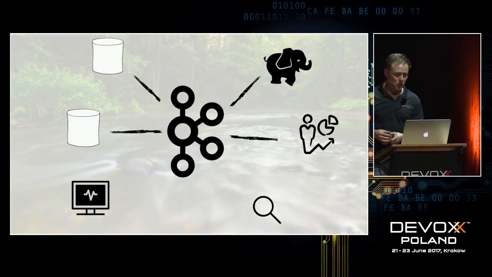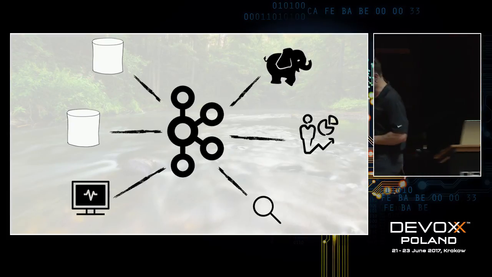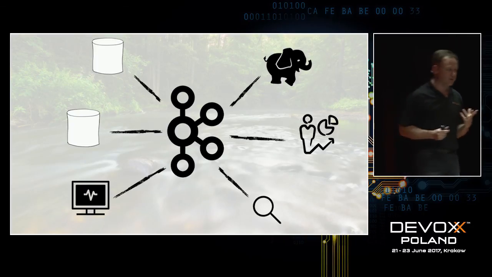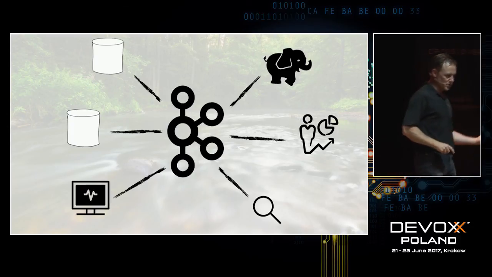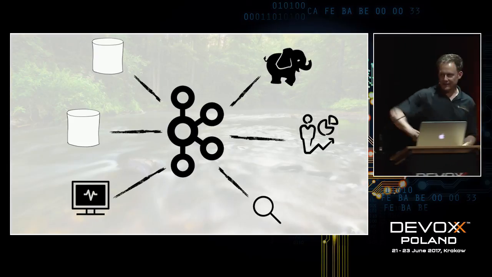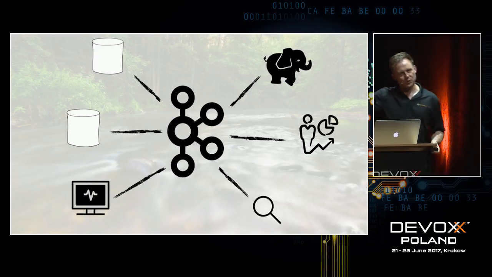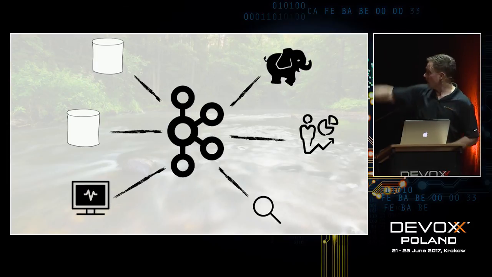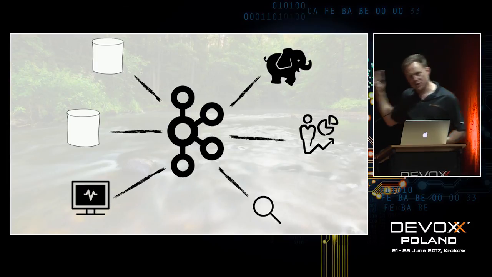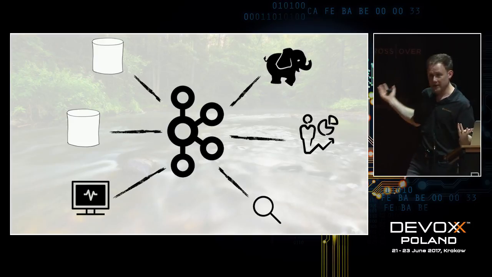And those connections, in the case of Kafka, often end up being very standard things that you want to do. It's very typical to dump data into an Elasticsearch cluster or into Hadoop, or maybe you've got a legacy database out there somewhere and you want to read data from that database. Those lines can actually be implemented in modern Kafka.